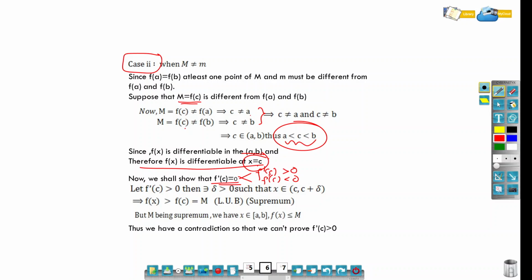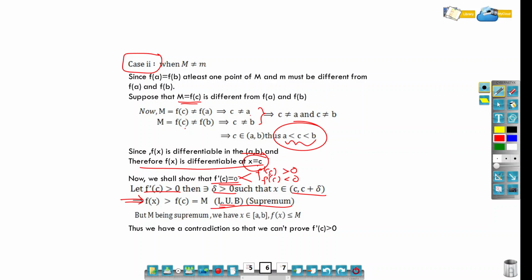Let f'(c) be greater than 0. Then there exists delta greater than 0 such that for x belonging to the open interval (c, c + delta), f(x) is greater than f(c), which is equal to M, which is nothing but the supremum, that is the least upper bound.